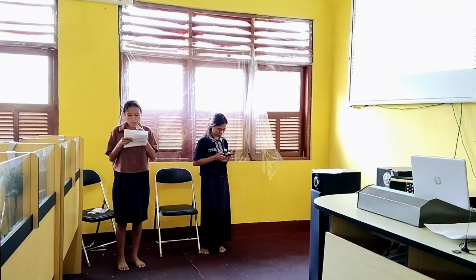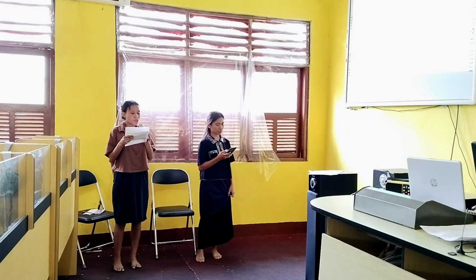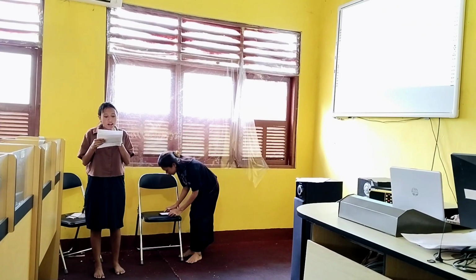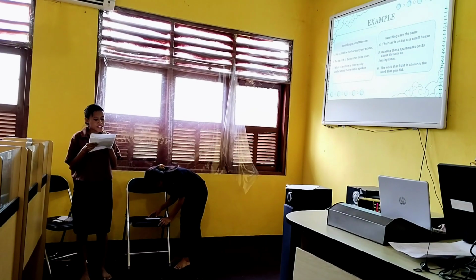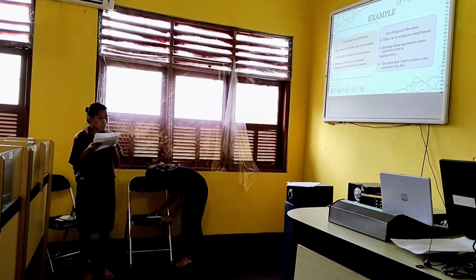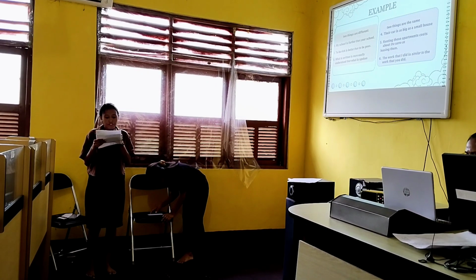These sentences compare two different things. Number one, my school is farther than your school. My school and your school are noun phrases. Both have the same structure, so they are parallel. Structure: noun phrase is farther than noun phrase.